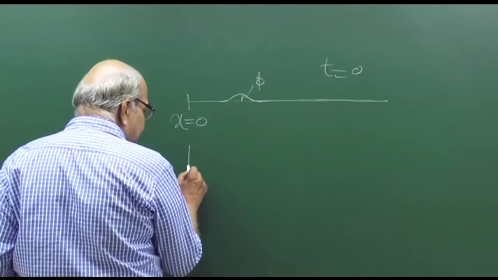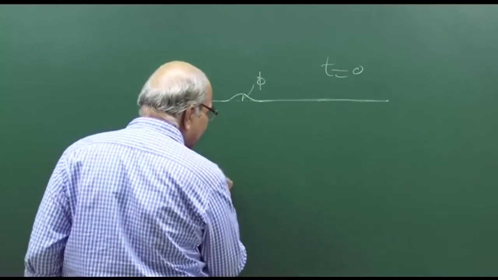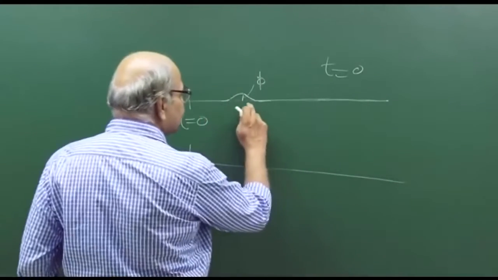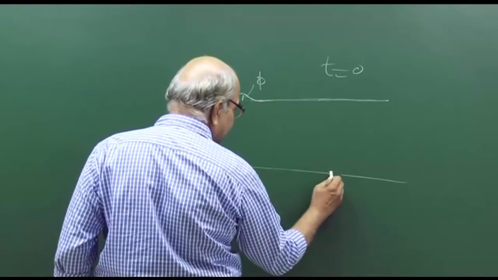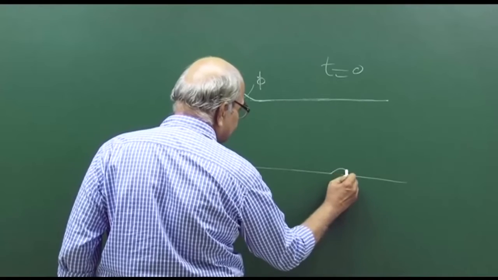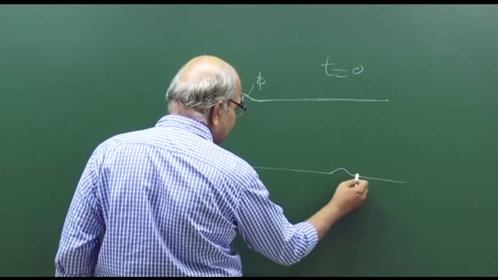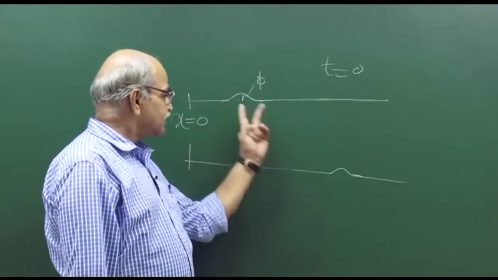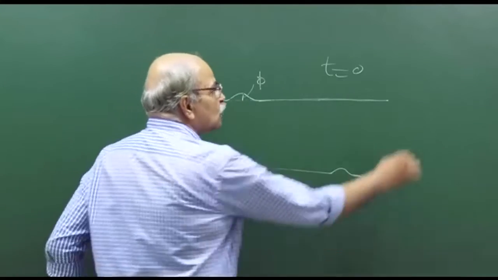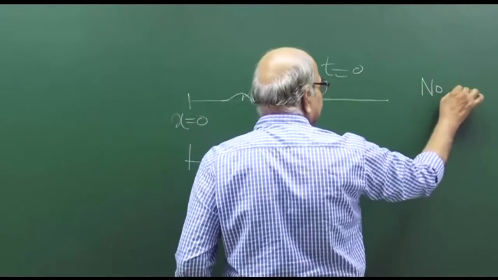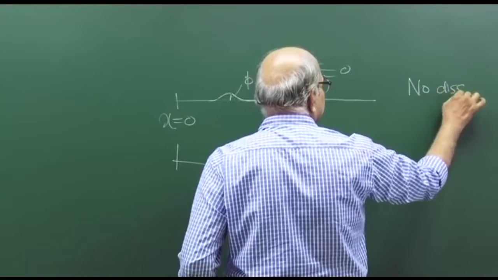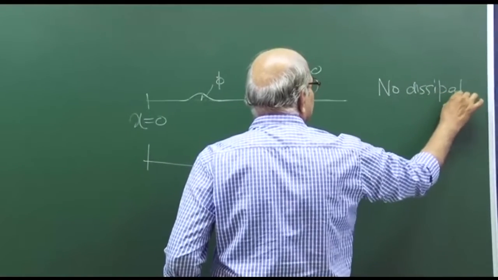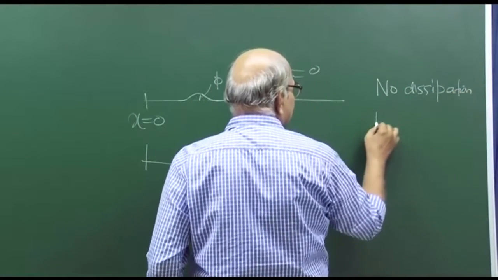What will happen after some time? After some time, this disturbance will reach somewhere else. Let us say it has reached here. I assume that there is no dissipation and the same shape which is here, the same shape is here. So, no dissipation. No dispersion.